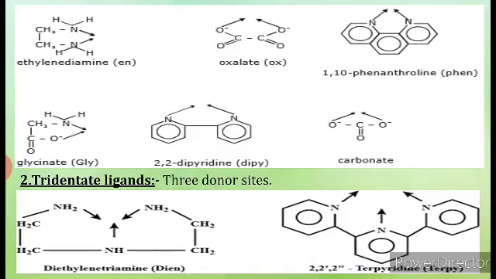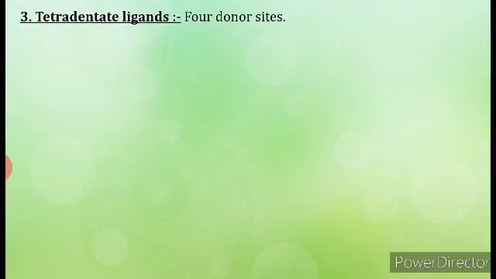So the next category, obviously tridentate is over, so next will be tetradentate ligand. The ligands having 4 donor sites or 4 donor atoms come in the category of tetradentate ligands.